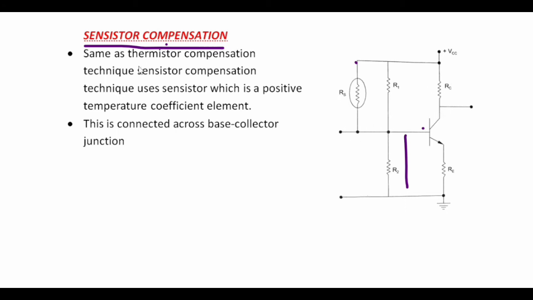This Sensistor is a positive temperature coefficient element, that is, it is also a resistor having a positive temperature coefficient: the resistance of the Sensistor increases with increase in temperature.